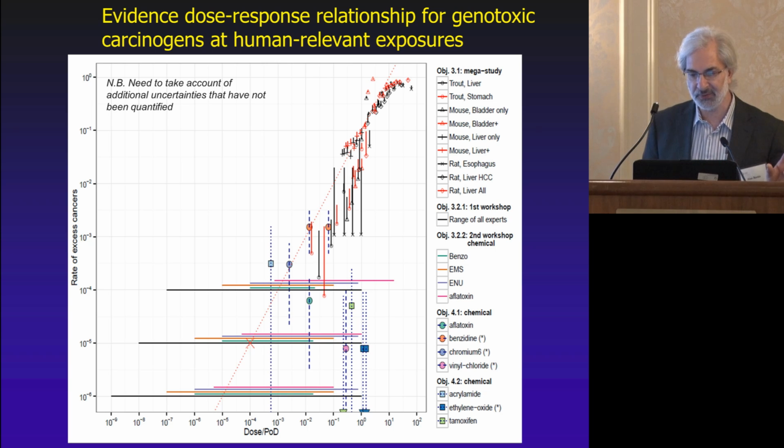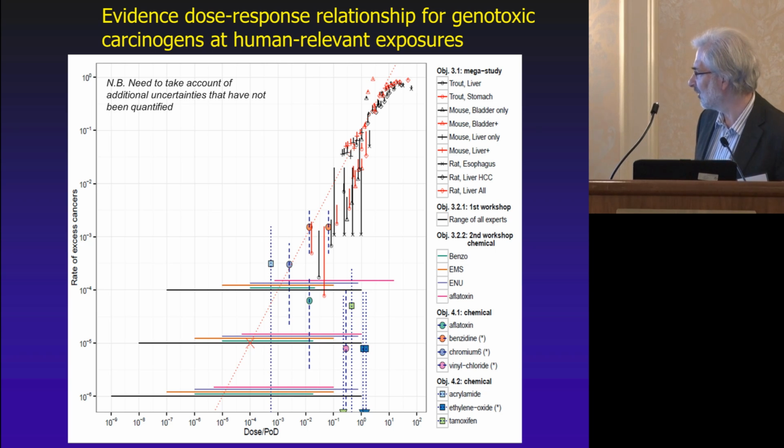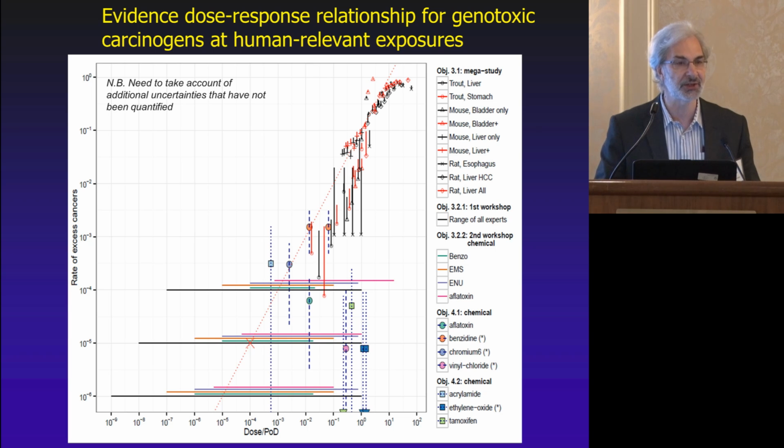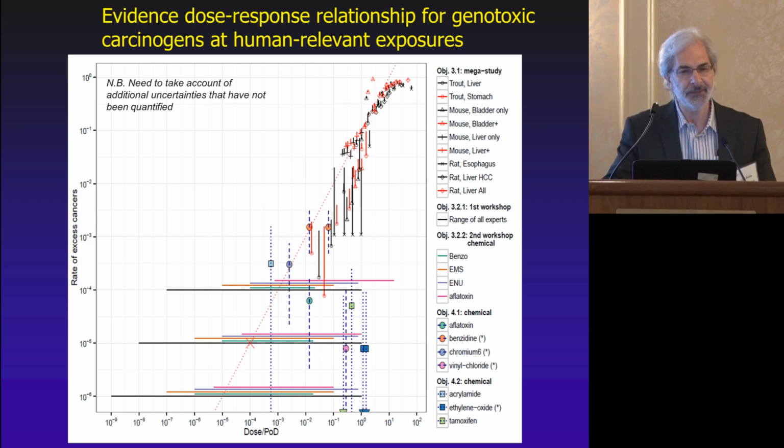And then we had 2 groups of chemicals. The first group were established human carcinogens, where we had good epidemiology data, where we knew the incidence of cancer at a given level of exposure in the human population. This turns out to be a very, very difficult piece of information to get.